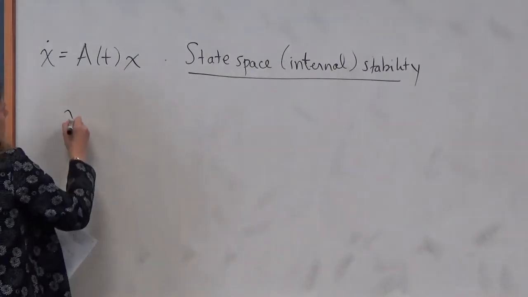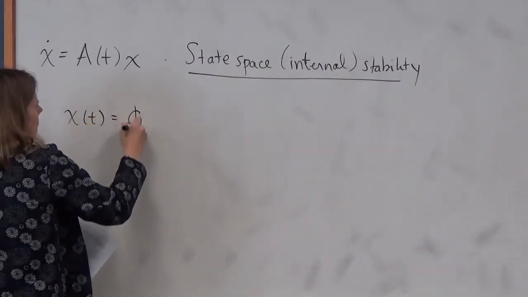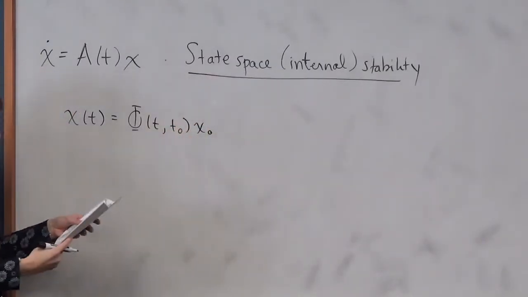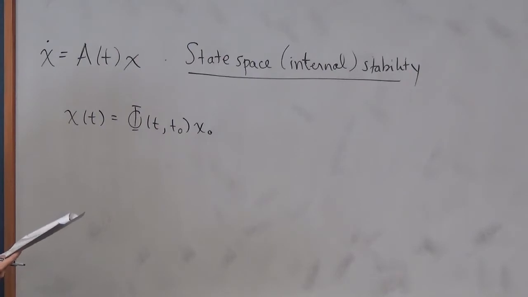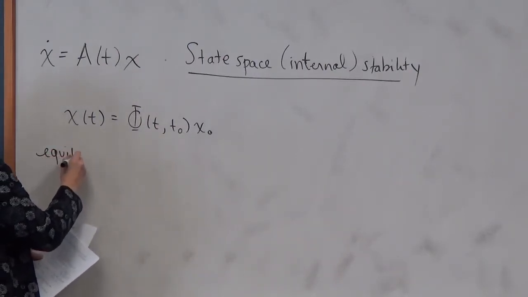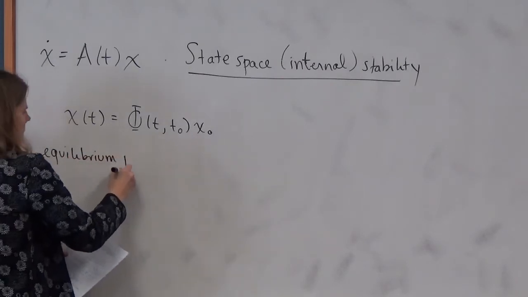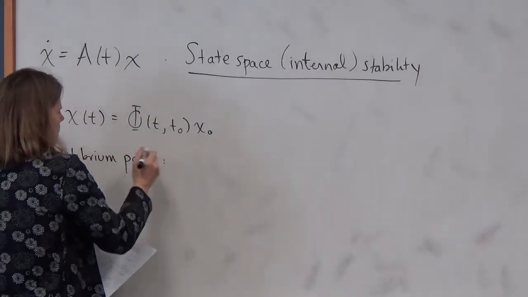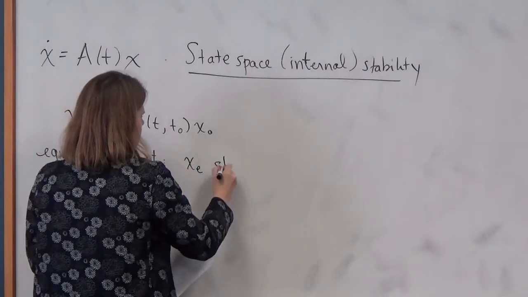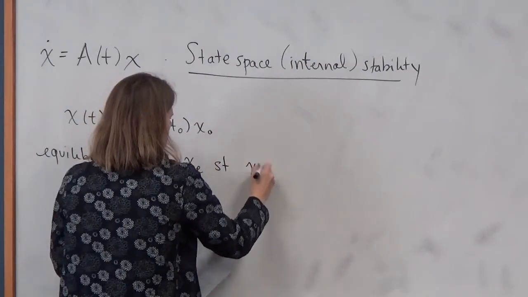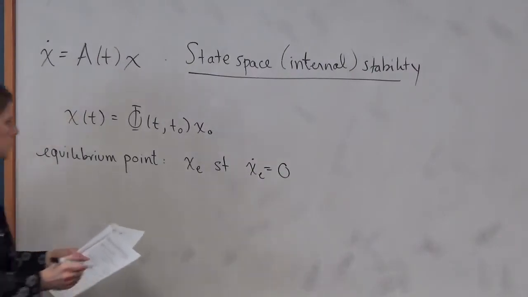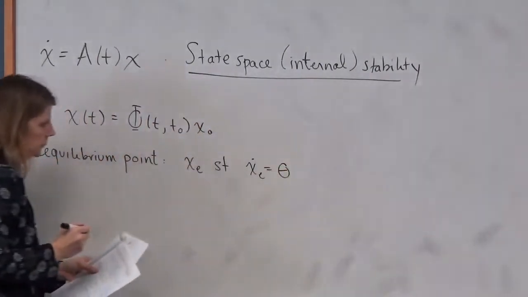Okay, so we know what the state trajectory is in terms of the state transition matrix of the system. There's no input, so it's just a function of the initial state. We define an equilibrium point of the system to be a value of x_e such that x dot at x_e is equal to the zero vector.